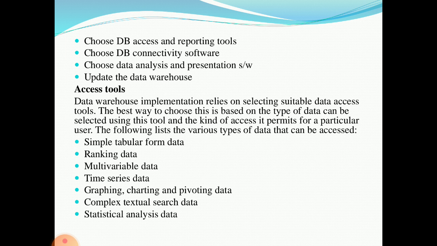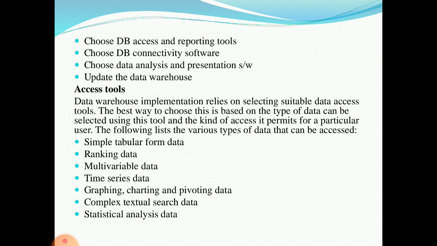Let us see here. The data can be tabular form data. For that, a table has to be formed. It is a kind of tool. And we have ranking data. That means according to some specification we have to rank the particular data: first preference is this, second preference, and so on. It will be displayed on the basis of some ranking, and there will be multivariable analysis.